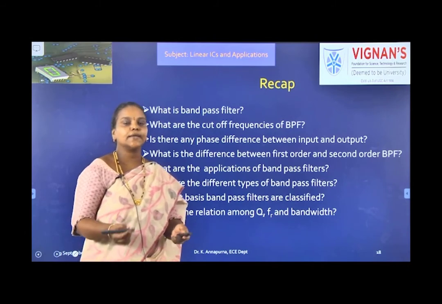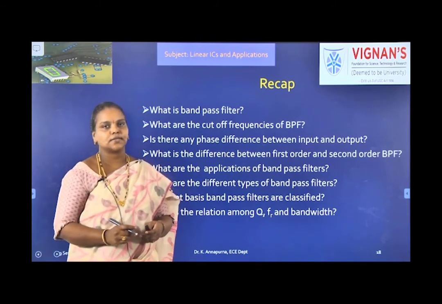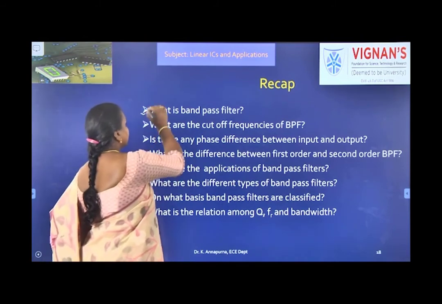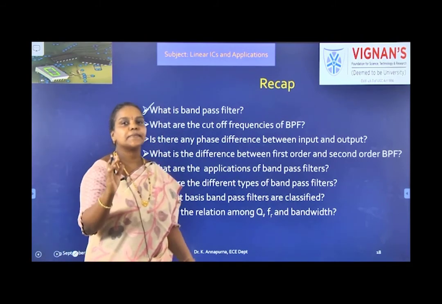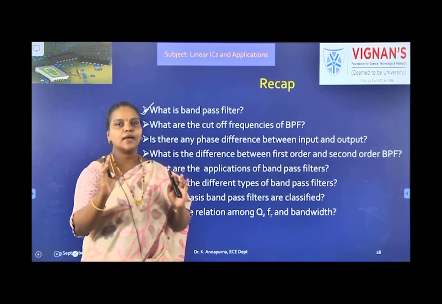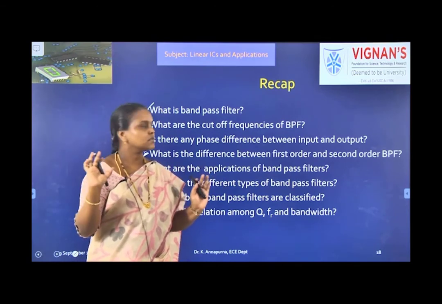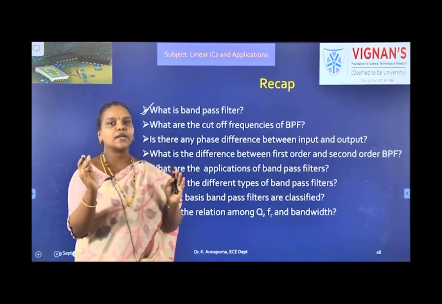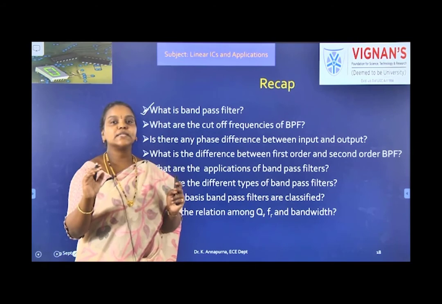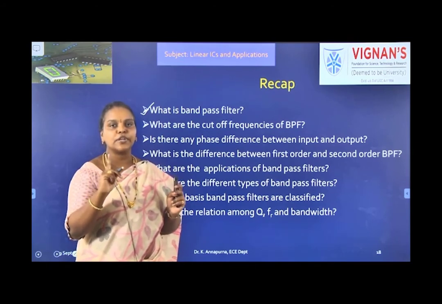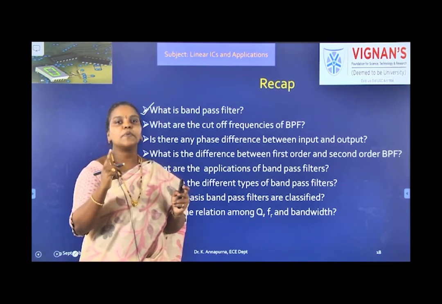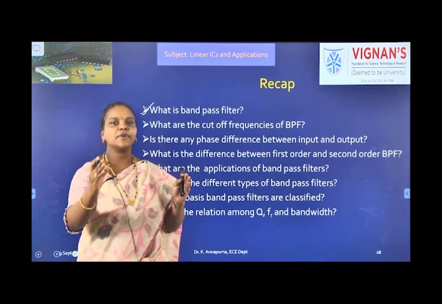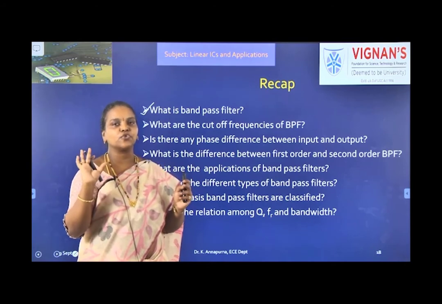Now let us recollect what we have discussed in this class. What is band pass filter? Band pass filter is a filter which passes a band of frequencies and stops the remaining frequencies. And it has two cutoff frequencies, FL and FH, lower cutoff and upper cutoff. Whereas in low pass and high pass, we have seen only one cutoff frequency. Low pass means from 0 to cutoff frequency it passes, and from cutoff frequency to higher frequencies it won't pass.